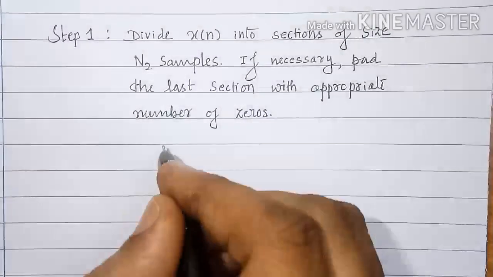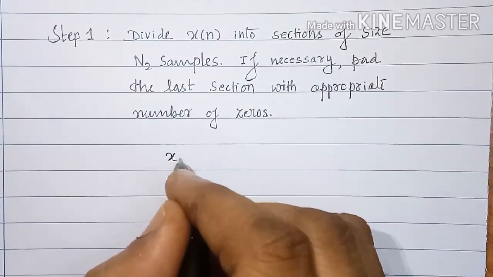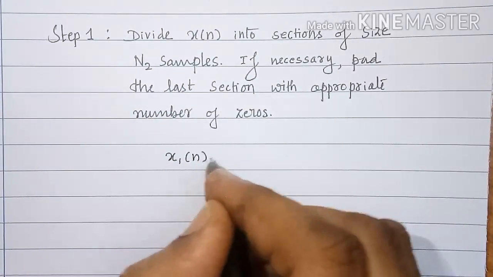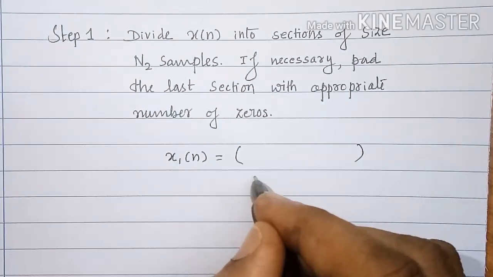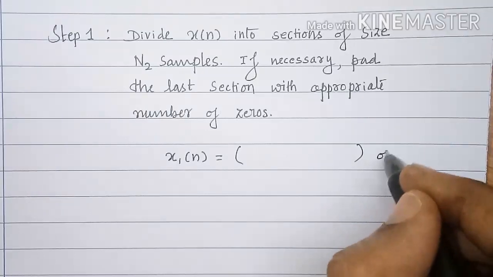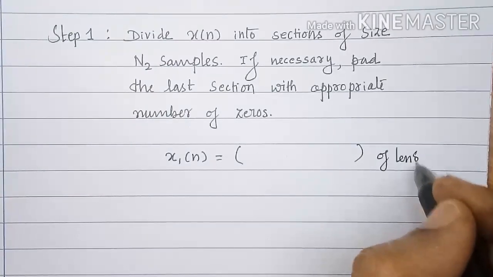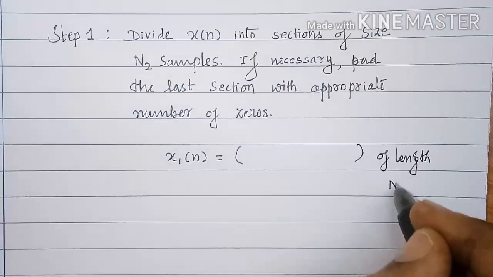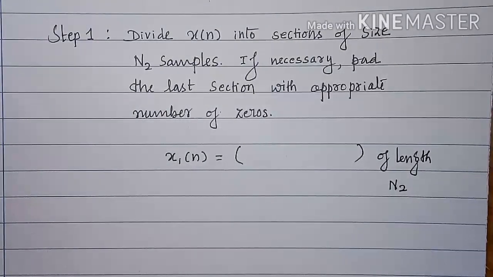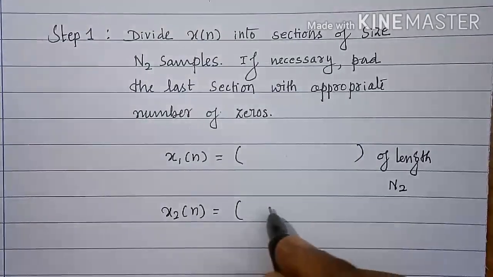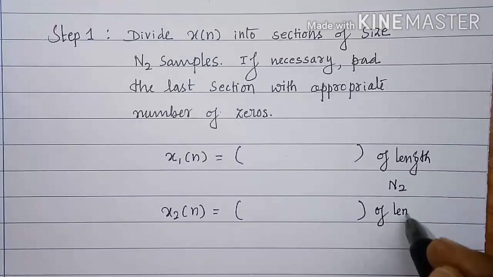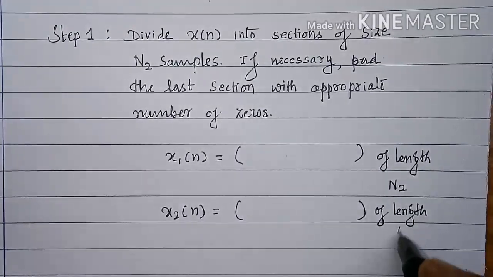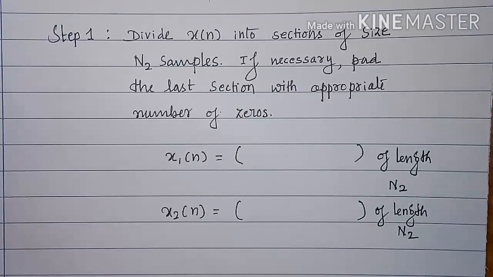So we'll be getting here x1 of n of length n2, x2 of n of length n2, and so on.